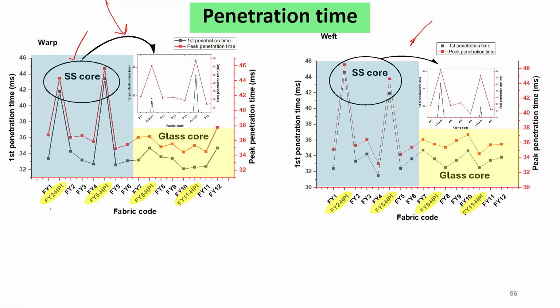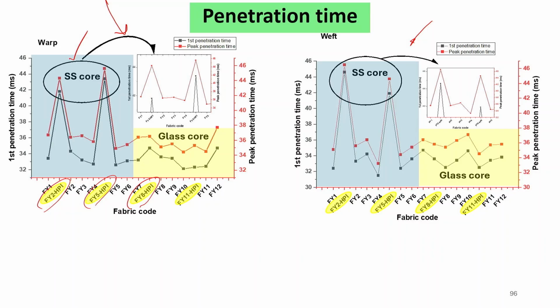The yellow highlighted data are for fabrics where hard particle impregnated yarns are used.